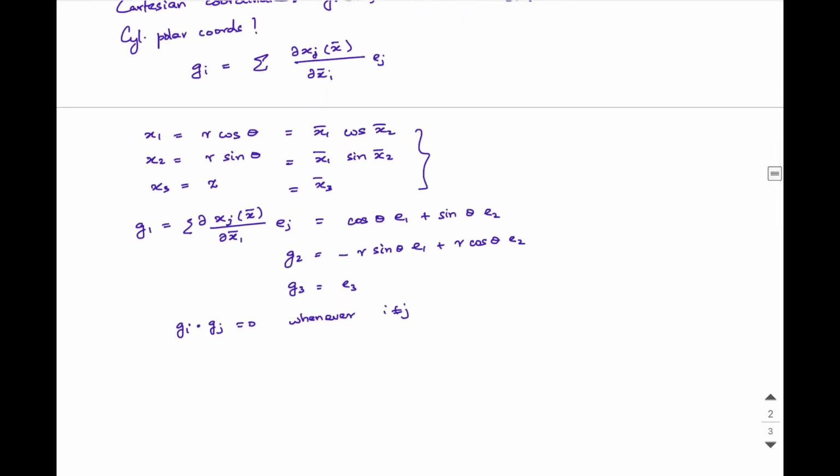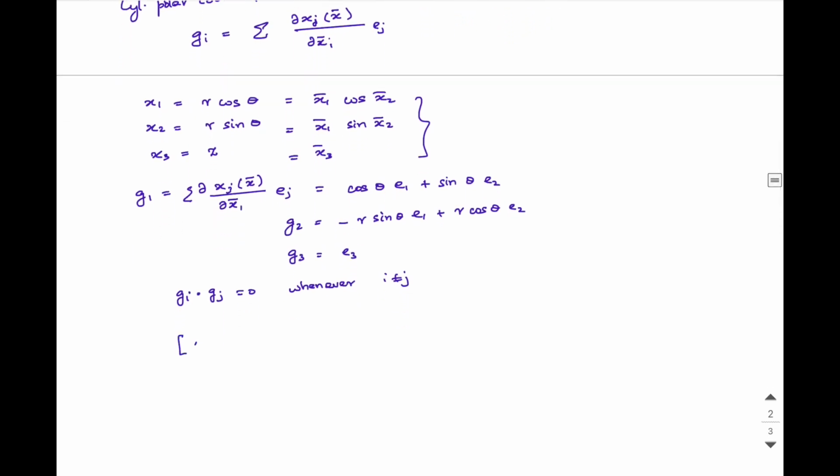So once we have this, let's compute the matrix G. Remember, G is the matrix whose entries are Gij, which is nothing but gi dot gj. Right off the bat, you know that the diagonal elements are the only non-zero elements. The off-diagonal elements, gi dot gj when i is not equal to j, are 0. What you're left with is the first diagonal entry G11, which is g1 dot g1, and that is just 1. The off-diagonal elements are all 0.